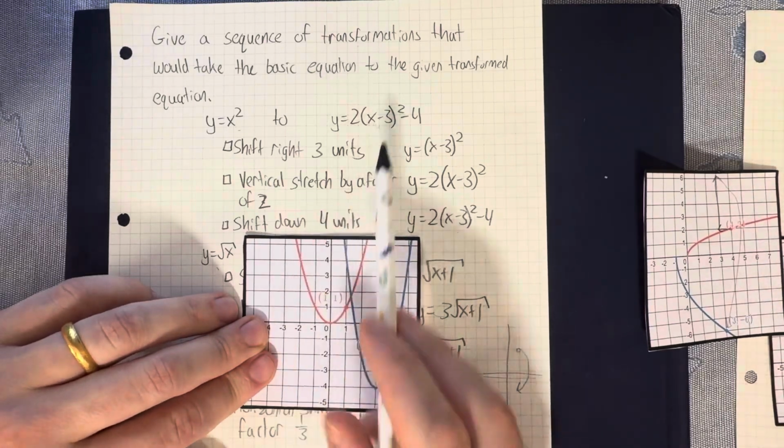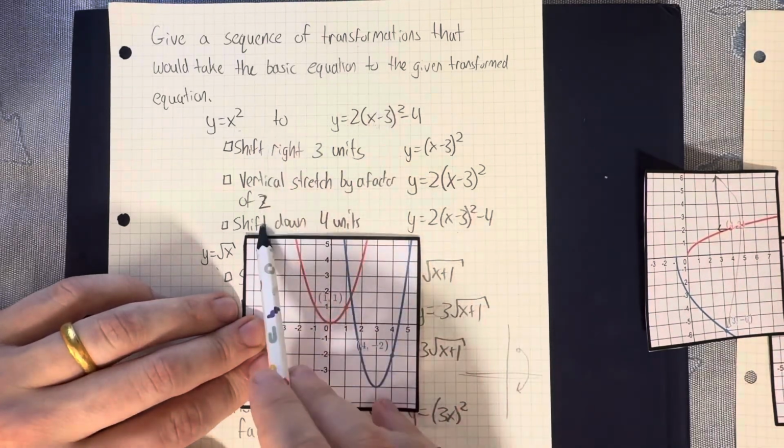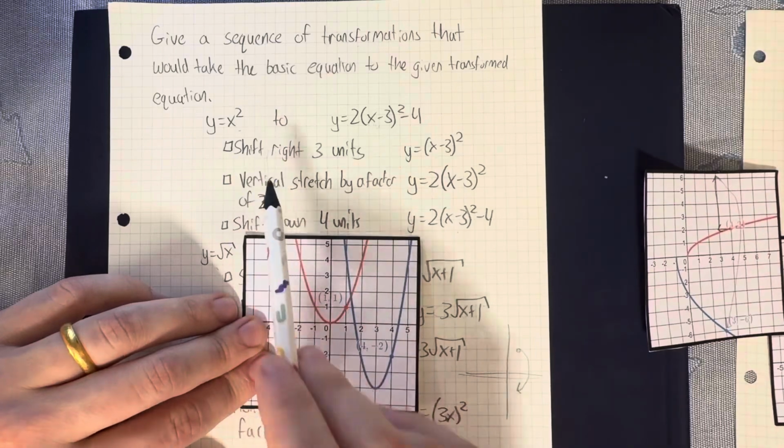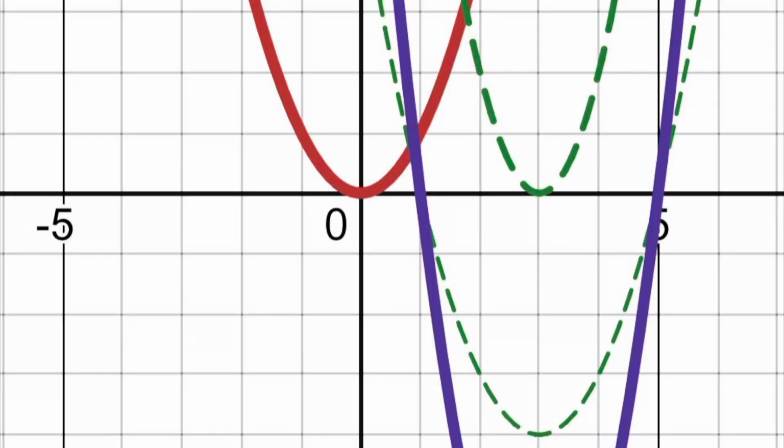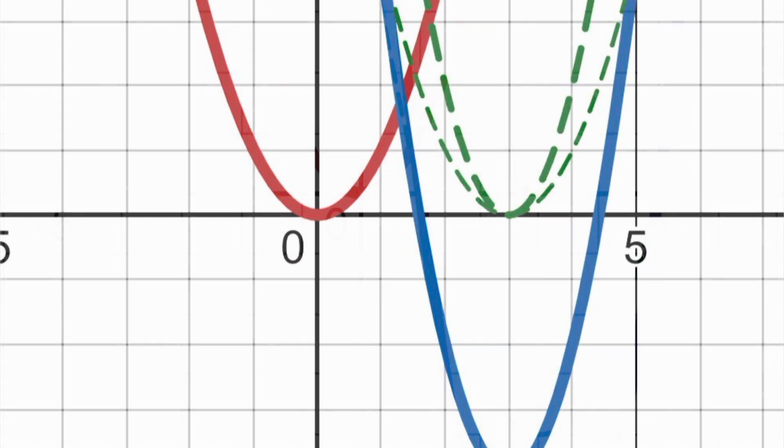There are 3 transformations, and the order that they happen is going to affect the equation. For example, this is what the graph would look like if you shifted down 4 before you vertically stretched. And this is showing the correct order of the shift down after the vertical stretch.